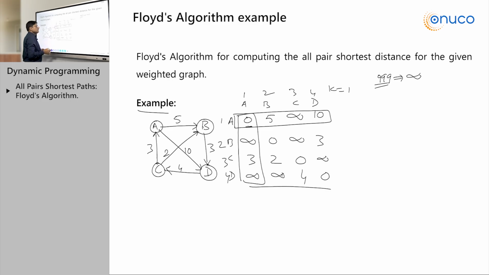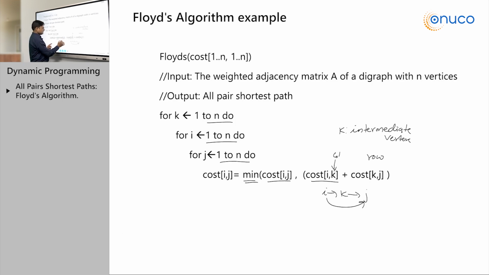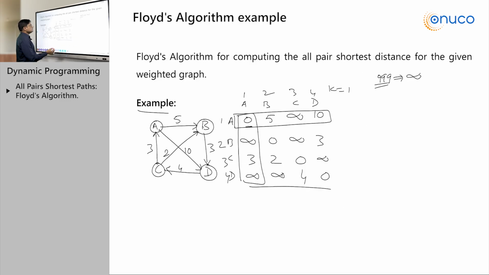If the input a of ij is 0, and this part ik, 1 and 1, is also 0, and plus cost of kj, 1 and 1, becomes 0, because i, j and k all three are 0 in this case. When k is 1, i is 1, j is 1.